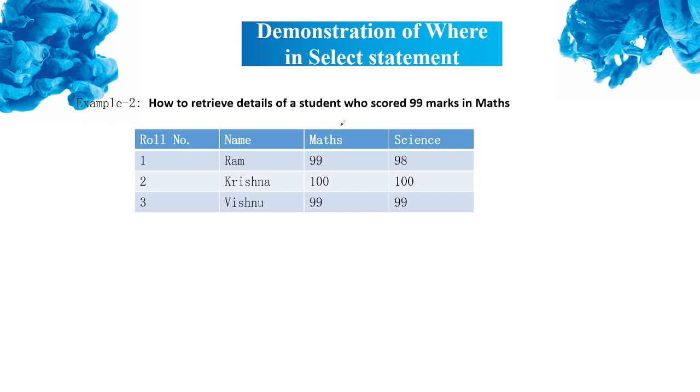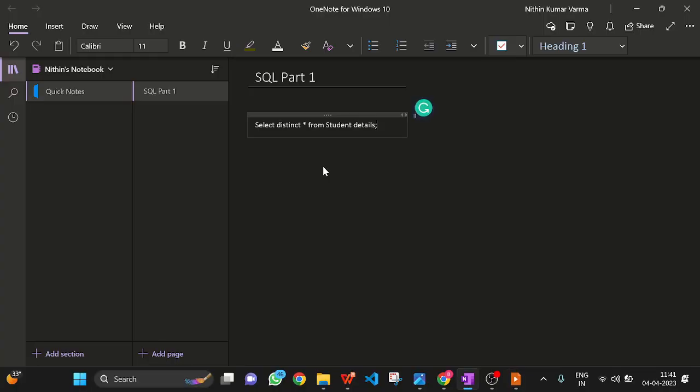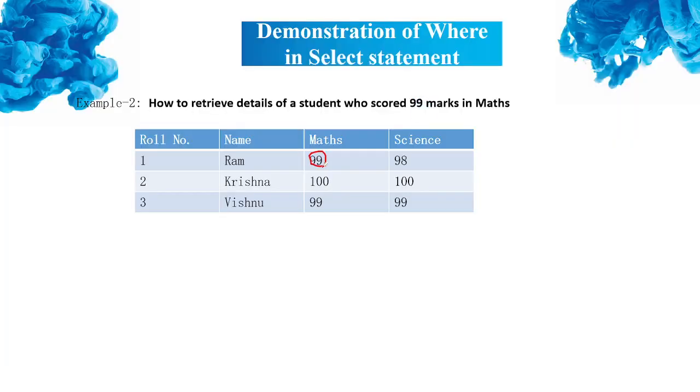If I want to know the students who scored 99 in mathematics, what query will I write here? Simply select star. If you feel there is some duplication, we can add distinct also, that's not a problem.